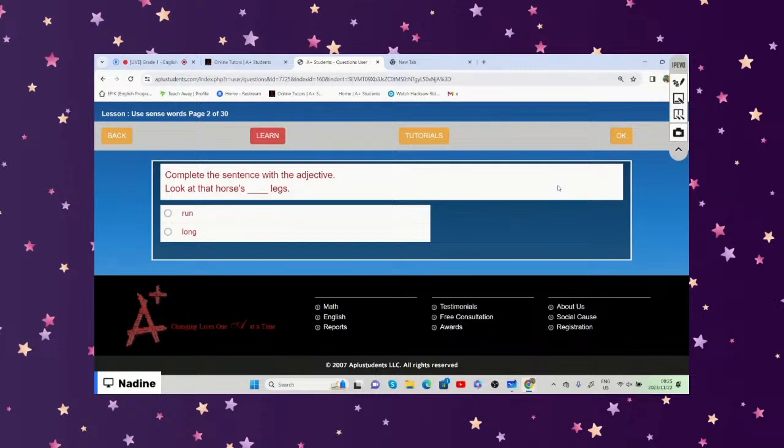Is it the run legs or the horse's long legs? And if we select the correct answer, we can say, look at the horse's long legs. Yes, and long legs is correct.